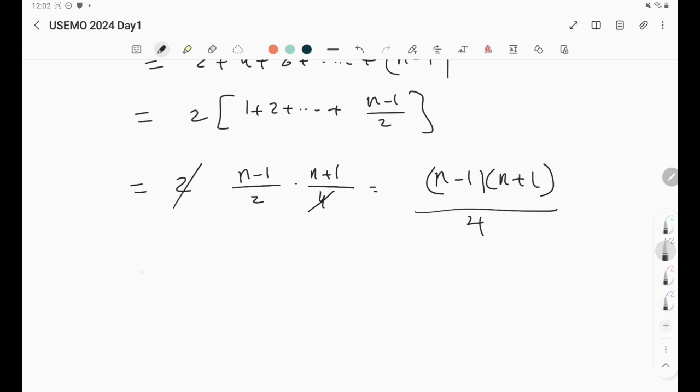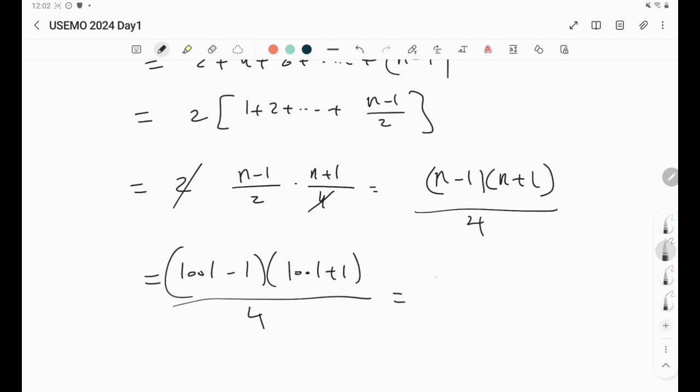In our case, it was 1001 minus 1 times 1001 plus 1 divided by 4. So it's basically 1000 times 1002 divided by 4. That's just 5000 times 5001. Yeah, so basically this is our answer.